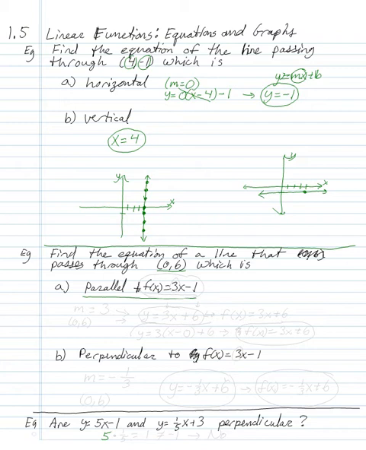To come up with an equation for a line, we always need two things: the slope and a point. We have the point given to us, so the only question is, what should the slope of our line be? Well, since we would like to be parallel to this line, we would like it to have the same slope. The slope of this line is going to be 3, since that is the coefficient of x.